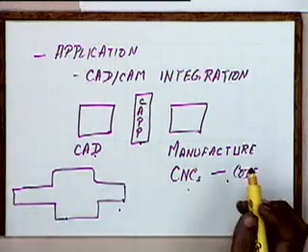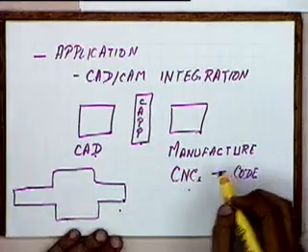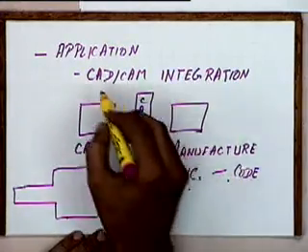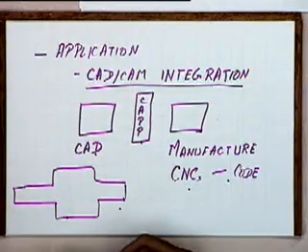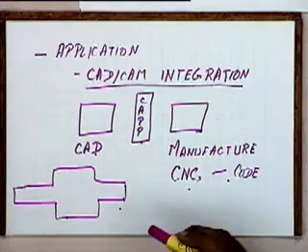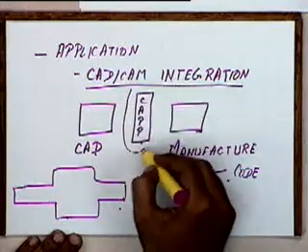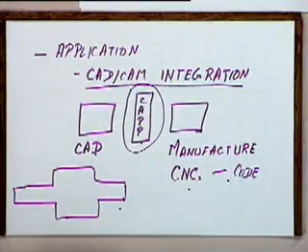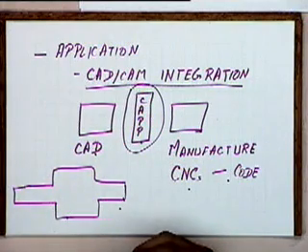If we are talking of an integrated manufacturing environment, this CAD CAM integration plays a very vital role. So under the applications, this CAD CAM interface and of course computer aided process planning form a very major application for the CAD models.